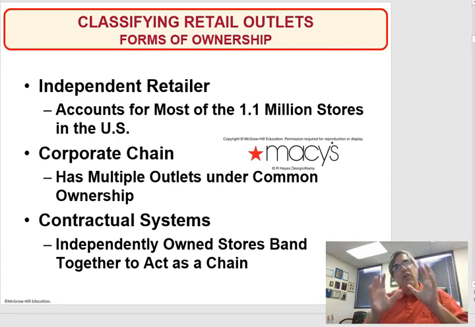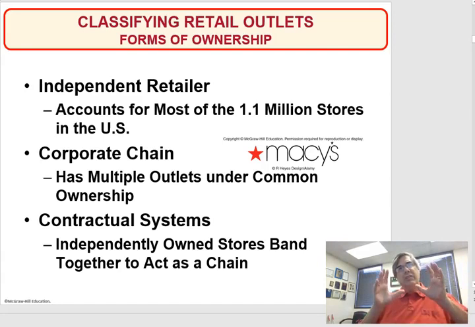And so those are a little different. The actual store is owned by an individual, but they have a very, very close relationship with the business. And that can involve the business owning the land that the store is on, maybe. It can be that you are required to buy from particular suppliers that the corporate partner has authorized.